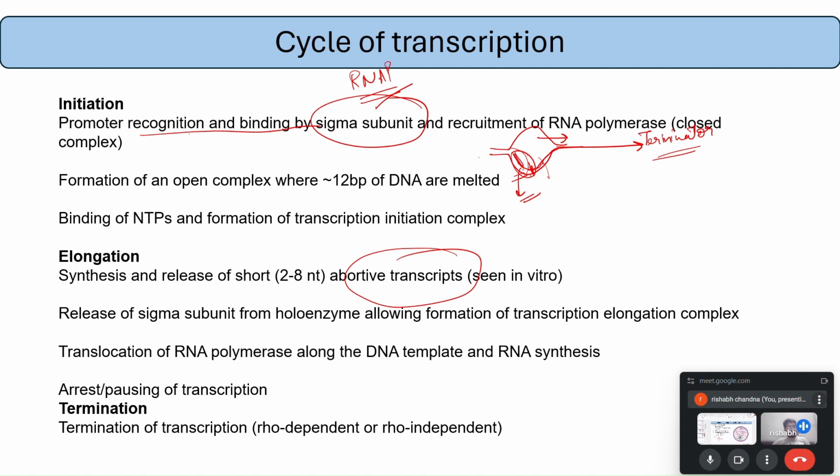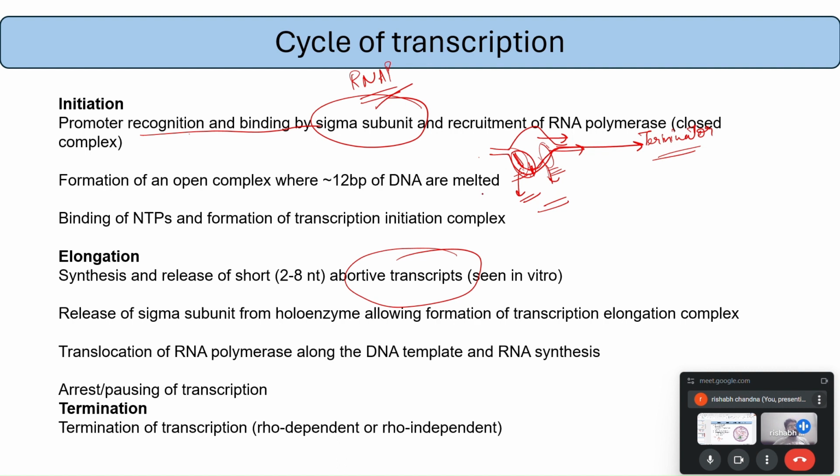This process is mainly seen in vitro, but it has some implications: RNA polymerase does not transcribe until it gets some stable interactions with the DNA. So it slips down and then releases the abortive RNA, which is not the proper RNA for that particular gene. This has been seen by scientists in vitro.